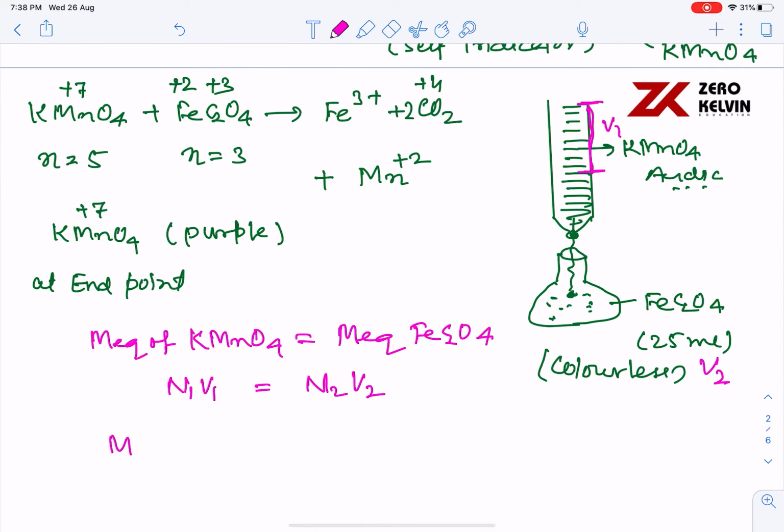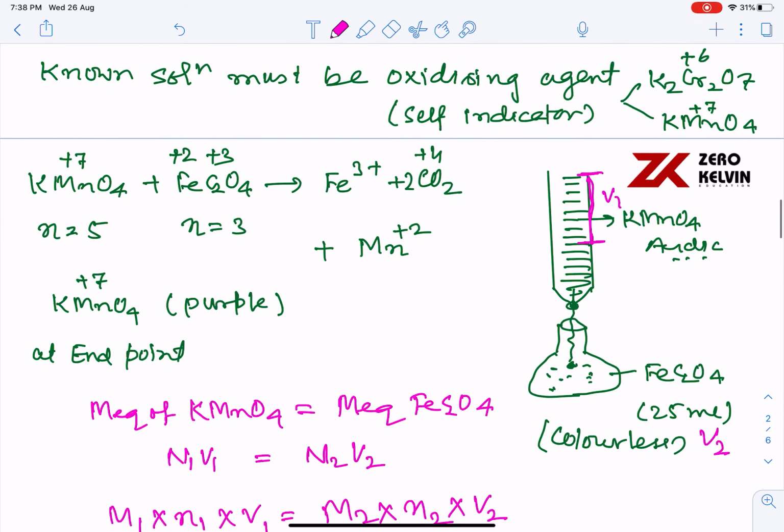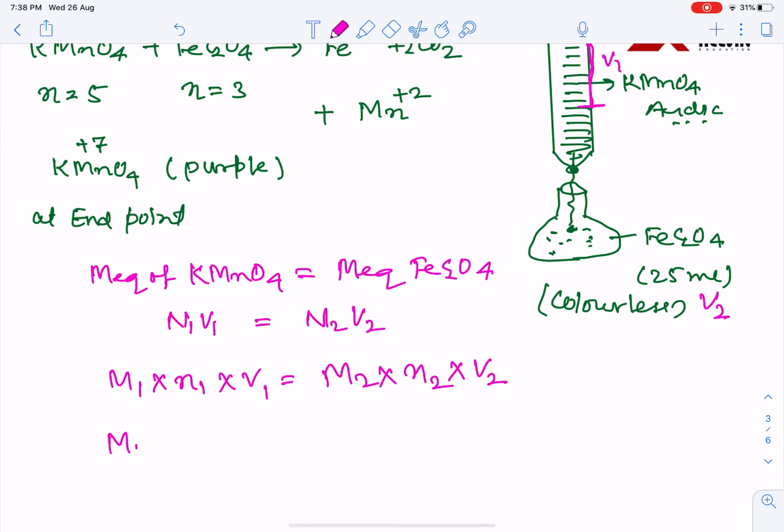N is molarity into N factor. So the molarity we know already, that is, KMnO4 is the known solution. Say the molarity is M1, that is given. So M1 into N factor 5 into the volume we get from the burette, V1, will be equal to M2, which we have to find out, into N factor 3 into volume, in this case 25.